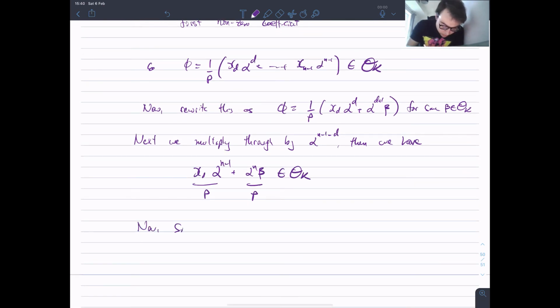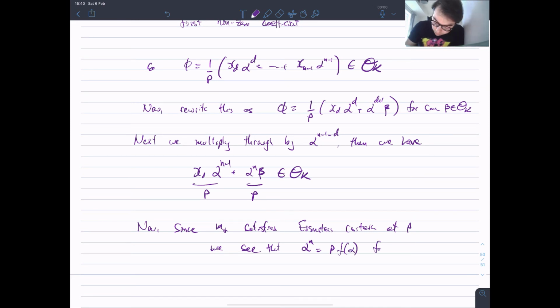Now, since the minimal polynomial of alpha satisfies Eisenstein's criterion at p, we see that alpha to the n has to be p times f of alpha for some polynomial f. You take some polynomial and evaluate at alpha, because I'm just taking the minimal polynomial. If you plug in alpha and rewrite, the fact that it's Eisenstein means that you can rewrite it like this.